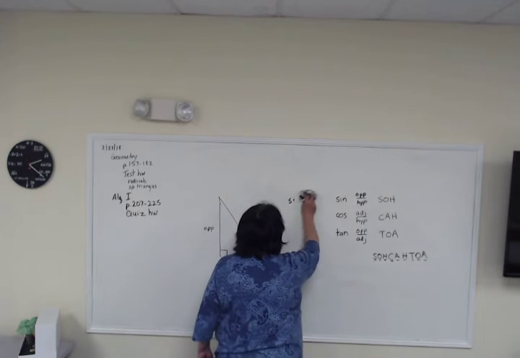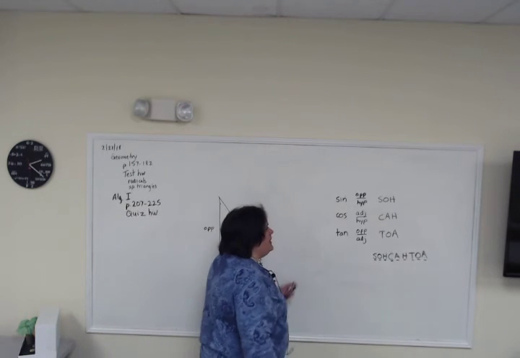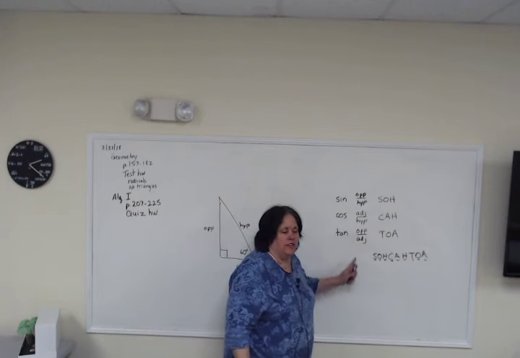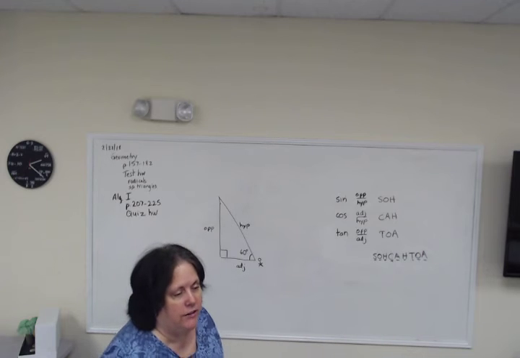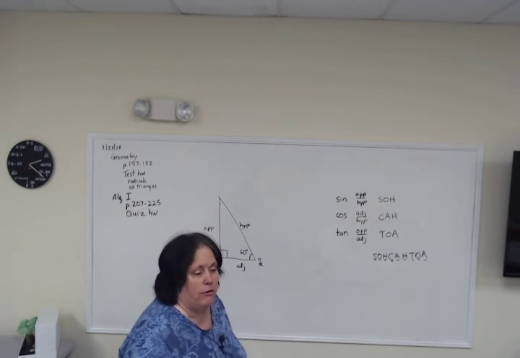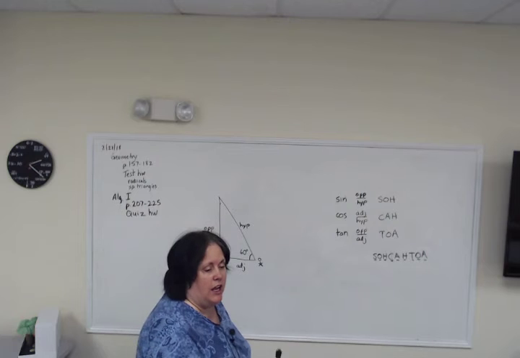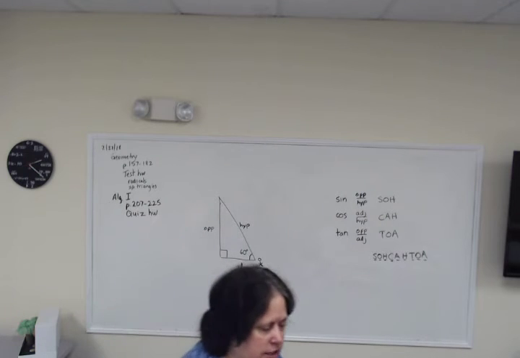Okay, so now we use these. All of this information is programmed into your calculator. That's what a scientific calculator is. It has these programmed into it. And you'll see sine and cosine, and I believe you have a tangent button also.